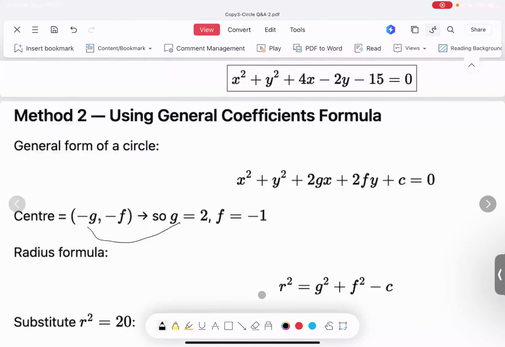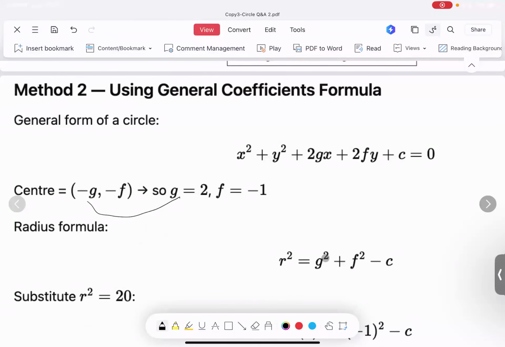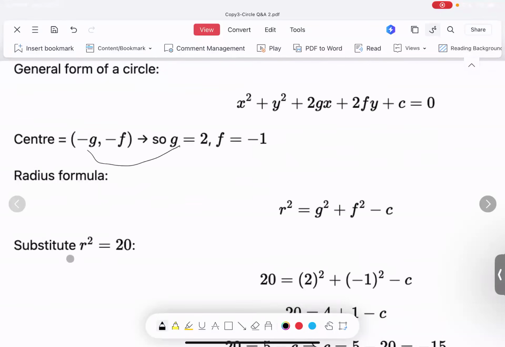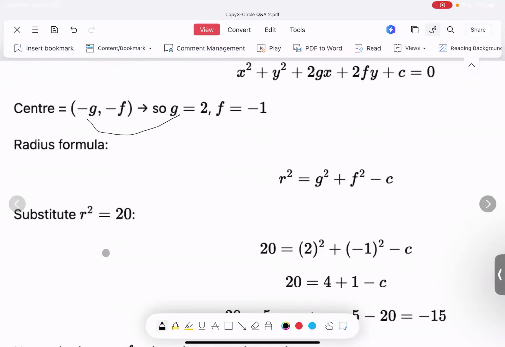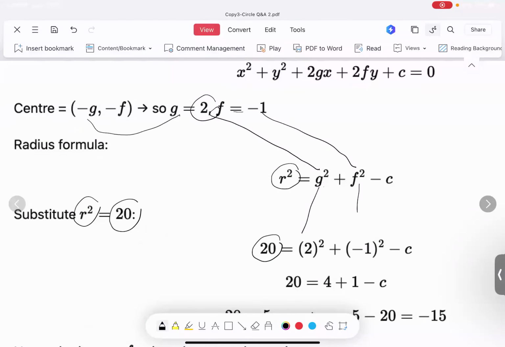Then after that, G square plus F square minus C. Since your r square is 20, you substitute 20 into here. G is this one, F is this one.